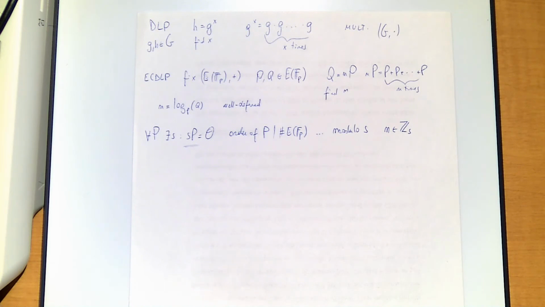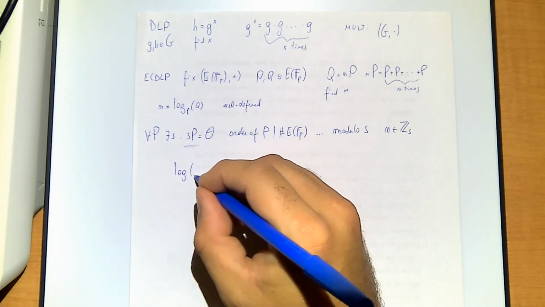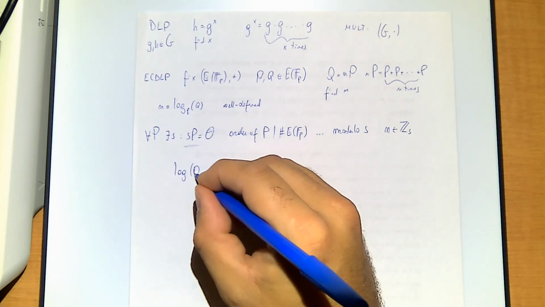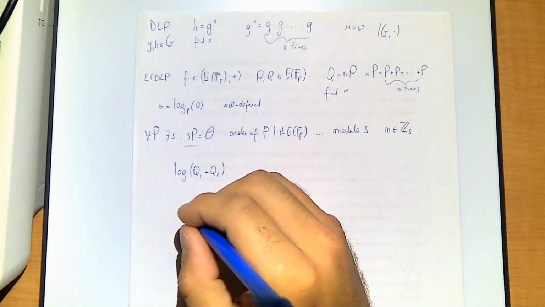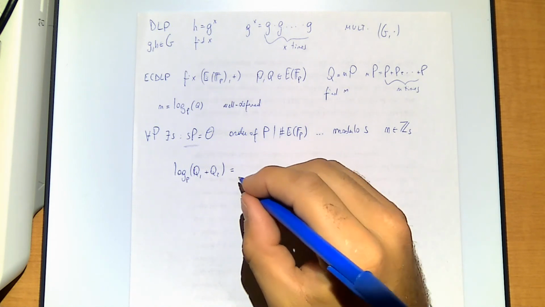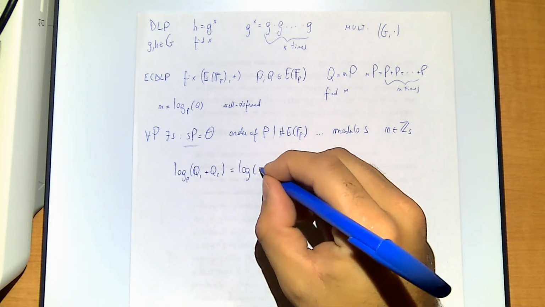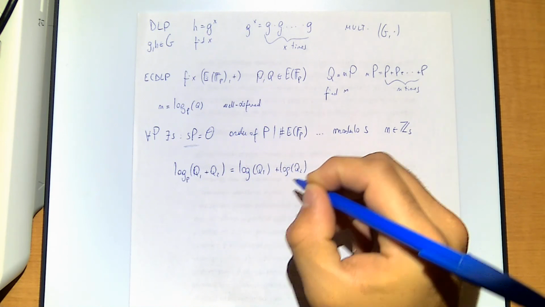What is important about this is that it gives us access to the fundamental property of logarithms: remember that my group is additive, so the log of Q1 plus Q2 in base P is equal to log Q1 plus log Q2. Okay?